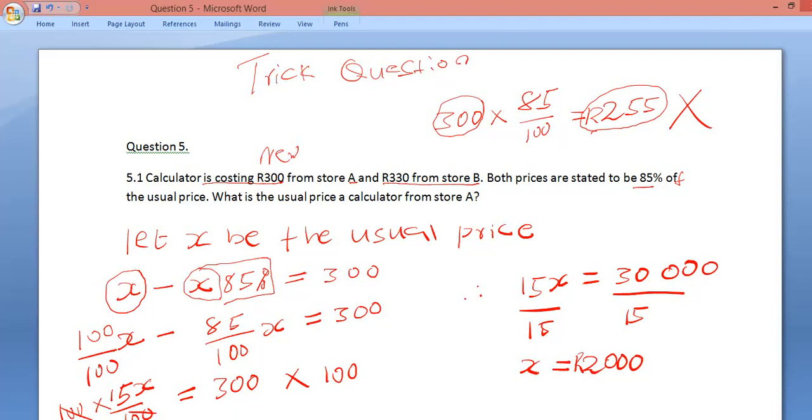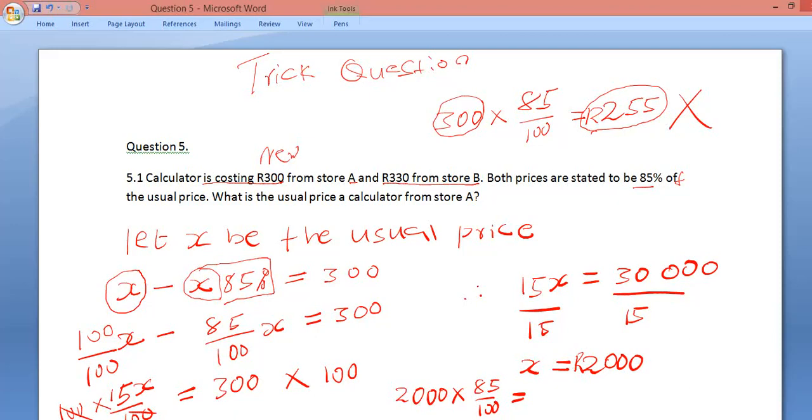This makes a lot of sense, because if our original price was 2,000 rand, and it's 85% off, you will be looking at 2,000 rand multiplied by 85 divided by 100.